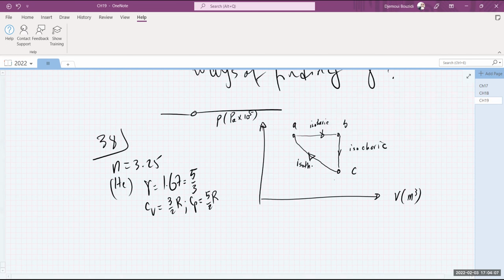They give us the volume at point C, which is 0.04, and the pressure, which is 200,000 Pascal, 2 times 10 to the power 5 Pascal. They also gave us the volume at point A, which is a fourth of this volume, 0.01 cubic meter.